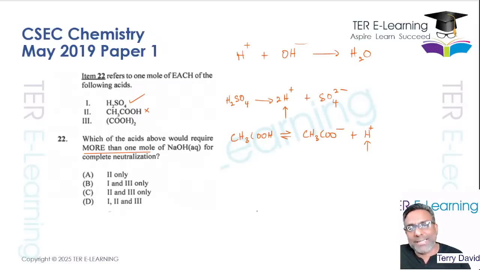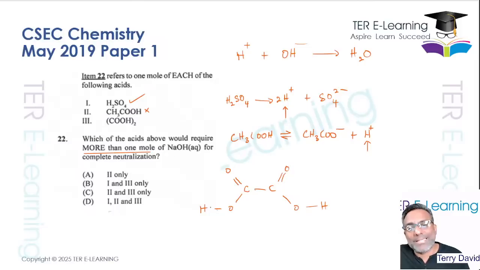The last acid here, you may not be familiar with it. So in this case here, it's COOH taken twice. So therefore, this acid, the easiest way for me to show you this is to draw it. It's an organic acid, and based on the formula, it is going to look like the structure here. So therefore, this structure represents a diacid.